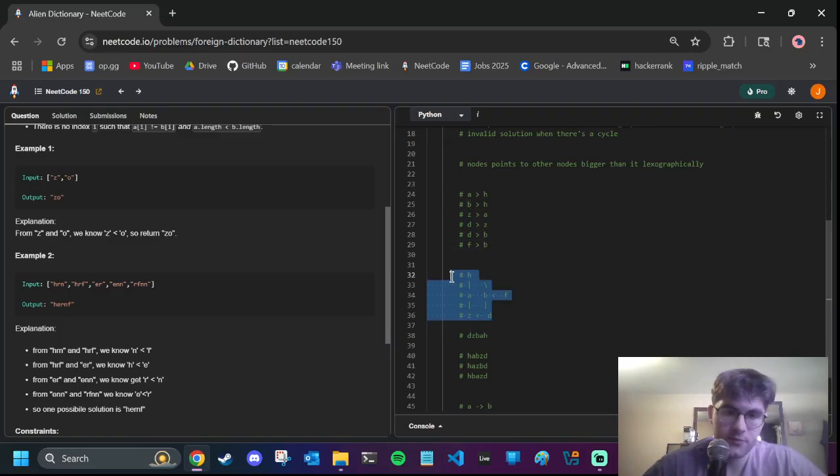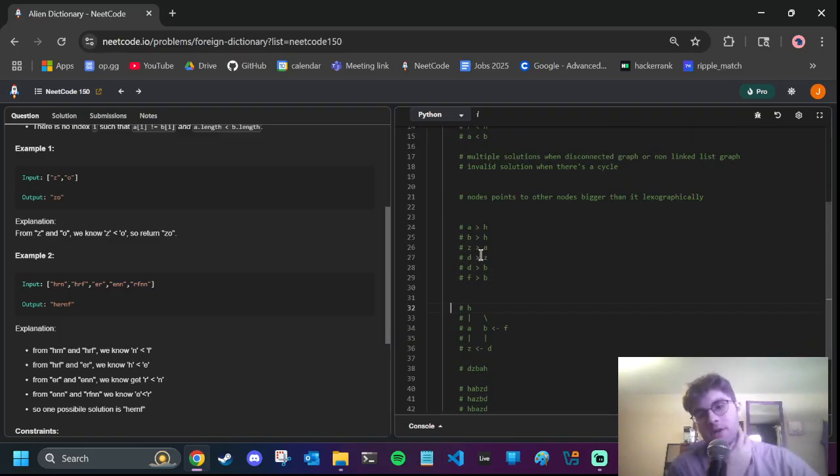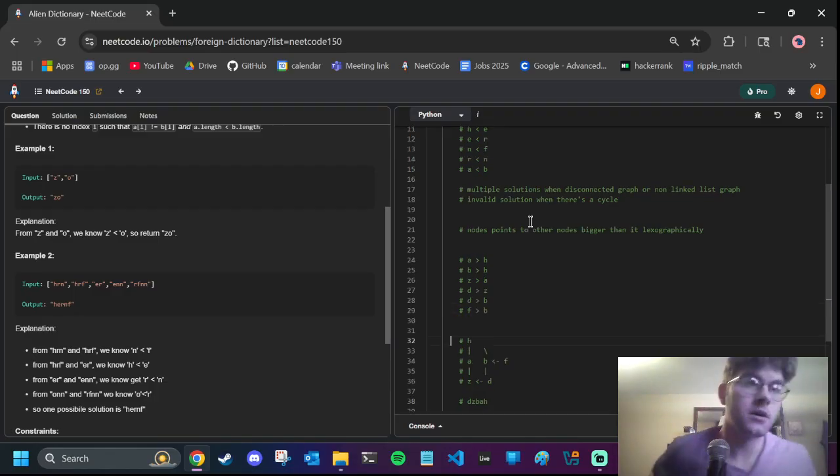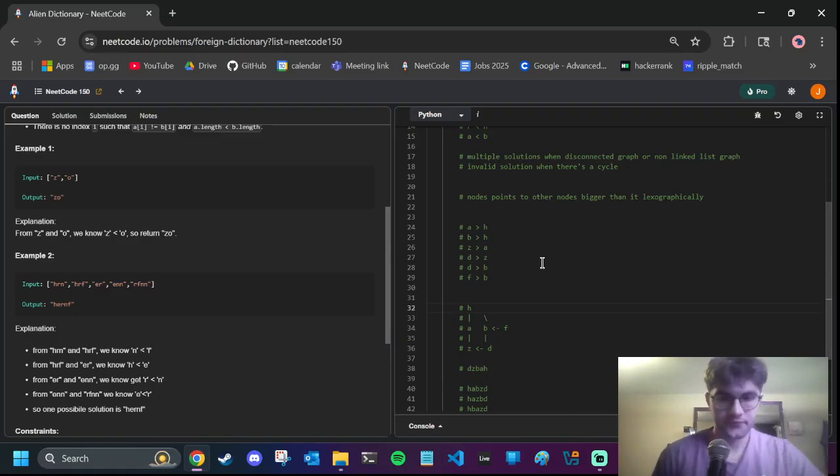And then we also have to do the cycle check and stuff like that. We can do that by just having a visited set, and if we reach something that's already been visited, then we know there's a cycle.